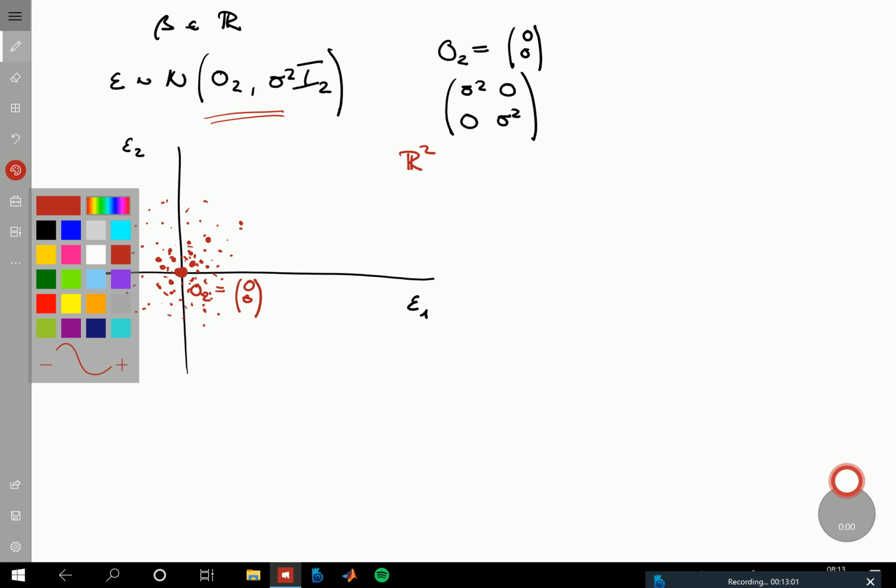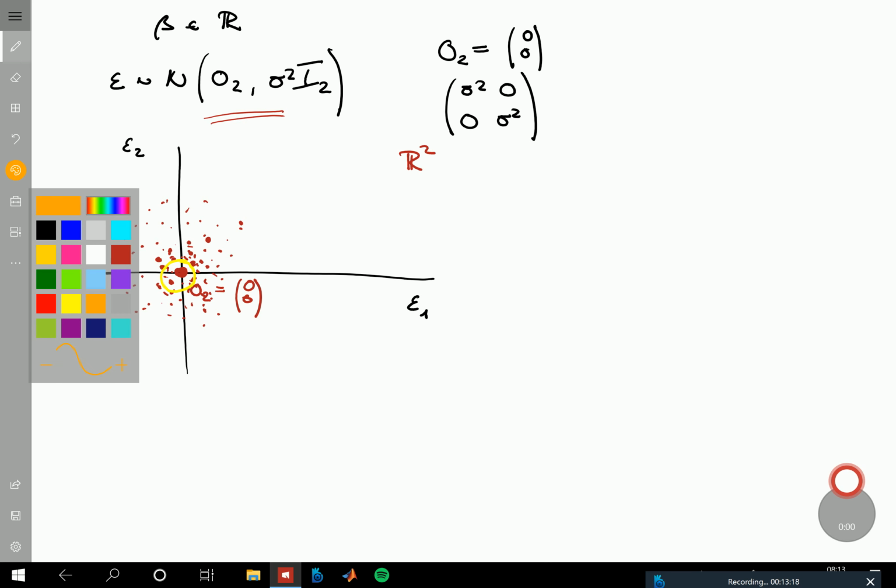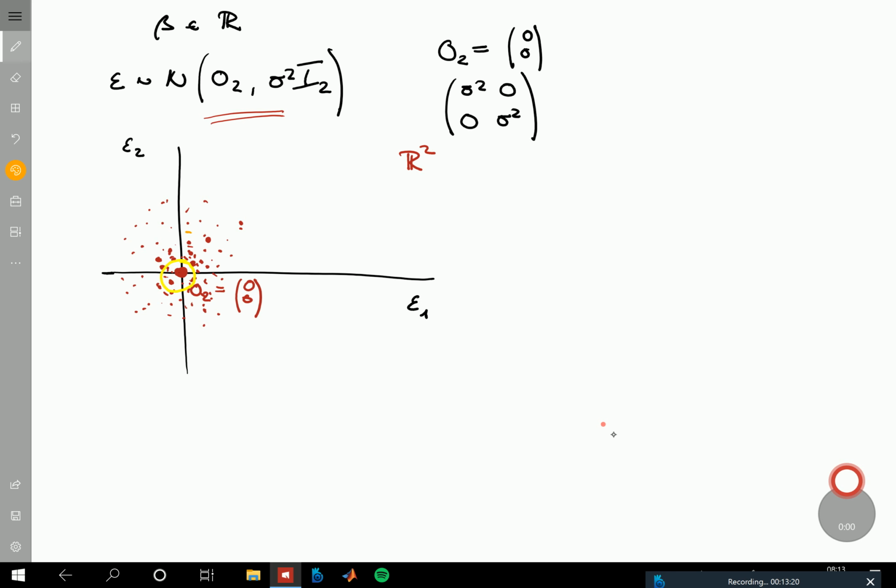The probability density associated with such a bivariate normal distribution, as you can also see in the mathematical preliminaries, has the highest density around the expectation, and then has less density going outside.